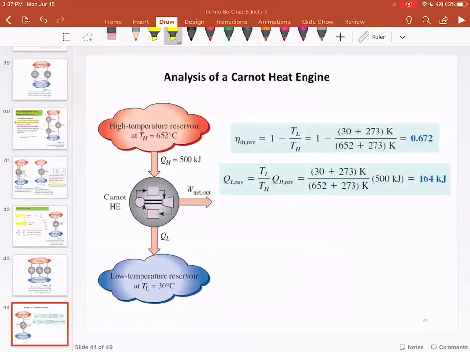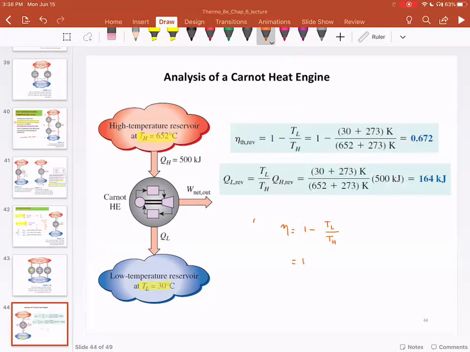Now, how do we analyze a Carnot heat engine? We will work out a few problems wherein we will try to solve heat engine and refrigerator problems. So consider a Carnot engine or a reversible heat engine with the high side temperature at 652 and low side temperature at 30 degrees Celsius. The efficiency is given as 1 minus TL divided by TH.